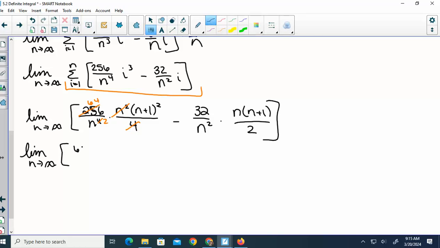So this would be 64 over n squared times n plus 1 squared would be n squared. Let's do n plus 1. I already canceled that denominator. Over here, 32 over 2 is 16. I could cancel one of those n's.